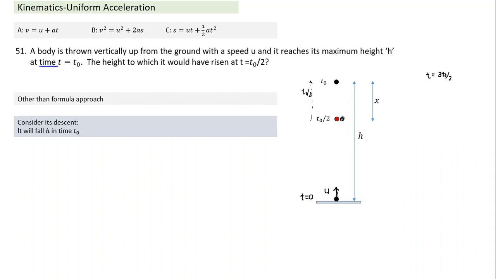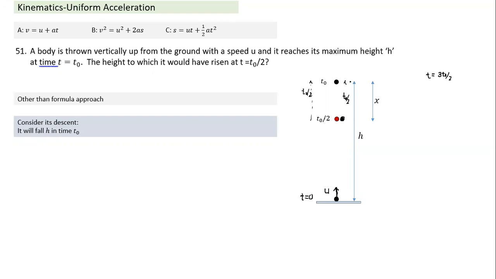Whatever distance it has risen in the time interval t0 by 2, the same distance it will fall in time t0 by 2. If I understand that part, rather than calculating the distance it will rise in the last t0 by 2 of its ascent time, let me calculate the distance it will fall in time t0 by 2.